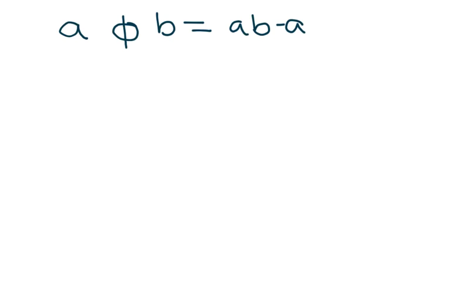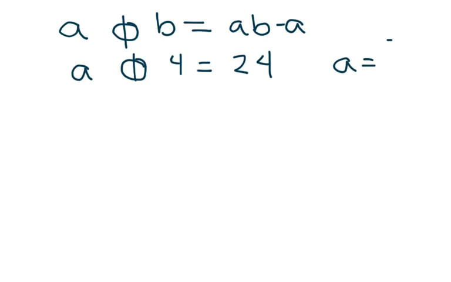Let's do A, and I'm going to do this symbol, B. So the operation A, circle with a line through it, B equals AB minus A. So what would A, this symbol, 4, equal 24? So what I'm looking for here is what is A.